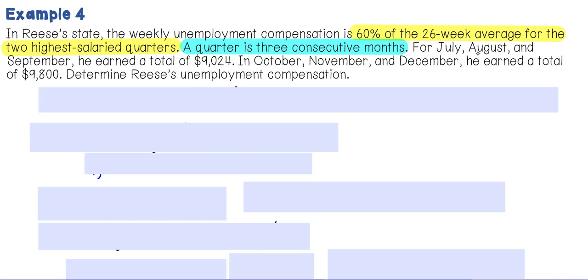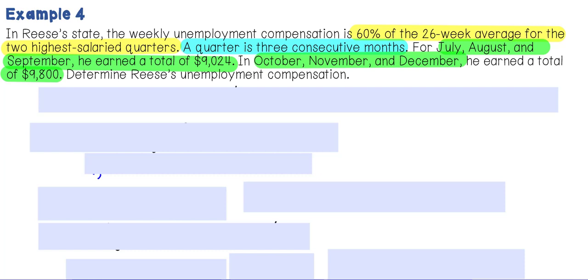So for July, August, and September, he earned a total of $9,024. In October, November, and December, he earned a total of $9,800. Determine Reese's unemployment compensation.